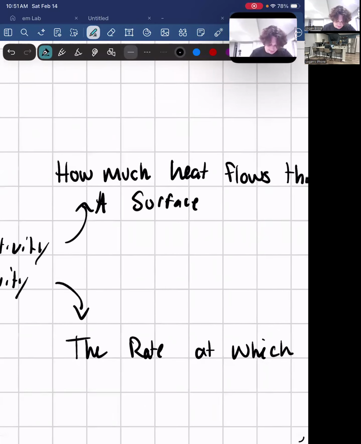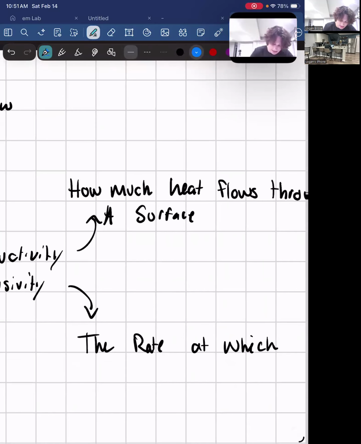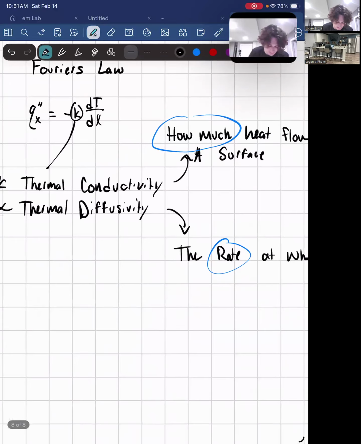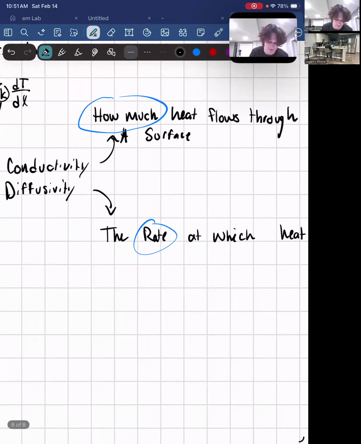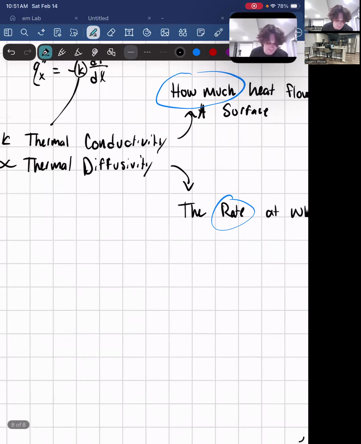So the big difference here is this is an amount and this is a rate. This is important. We have our conductivity versus diffusivity, easy to get confused. The main difference is how much heat is flowing rather than the rate at which heat is flowing.